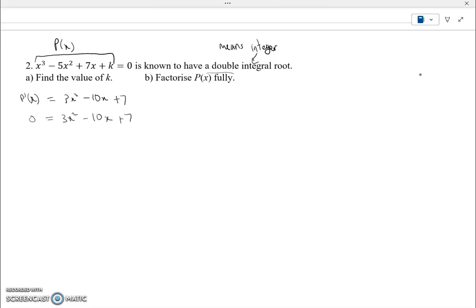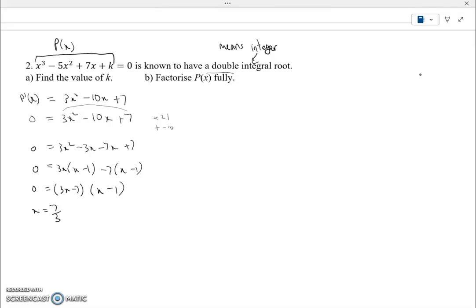Now this guy does factorize nicely. If you times front by back, product of 21, sum of negative 10, we can split the middle term into negative 3x and negative 7x. Group in pairs. Okay, so we get 3x minus 7, x minus 1. So solving this, x is 7 on 3, or x equals 1.